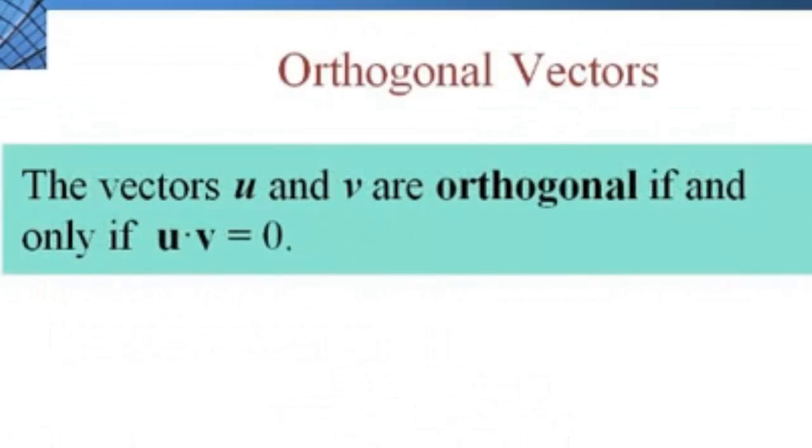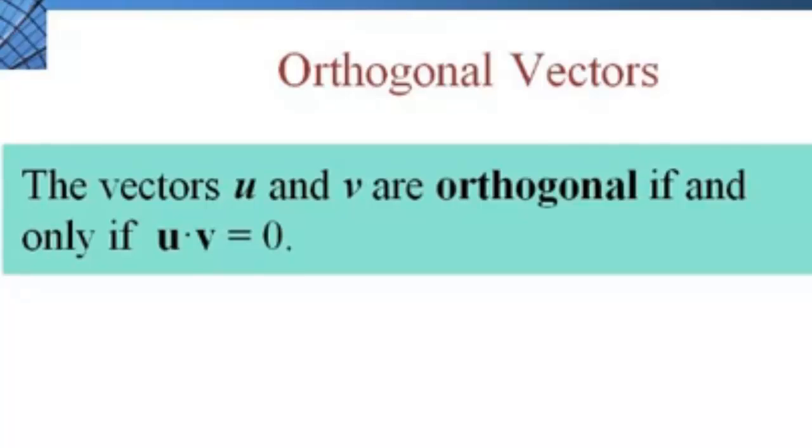Orthogonal. The terms orthogonal and perpendicular mean almost the same thing. The only difference is dealing with the 0 vector, which has no direction angle. So technically speaking, the 0 vector is not perpendicular to any vector.